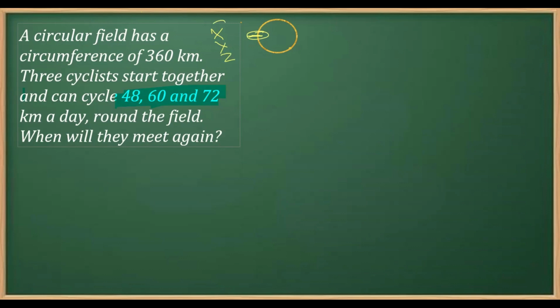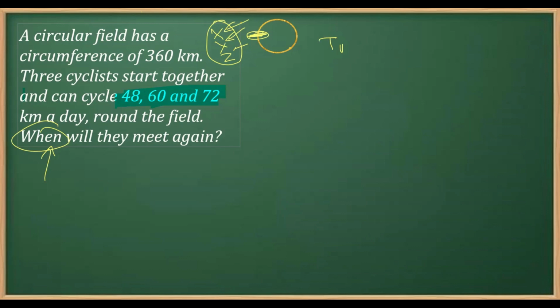The question is when, and the when is the time. So we'll find the time taken by each cyclist to come to the starting point, and we'll find the LCM of these. So let's begin with finding the time taken by the first cyclist.